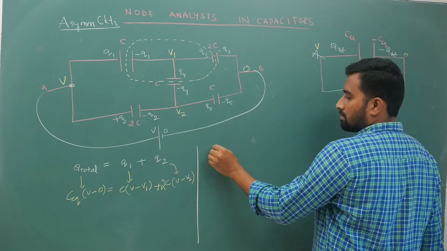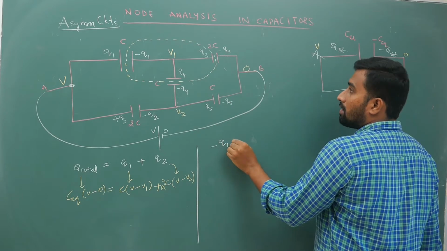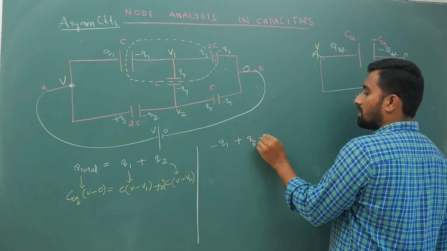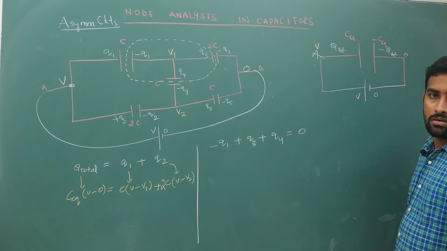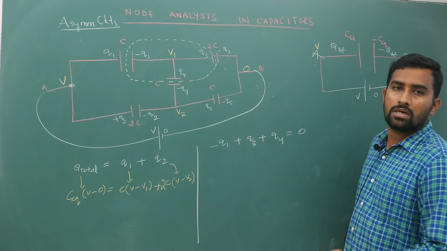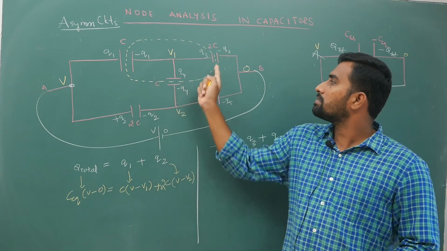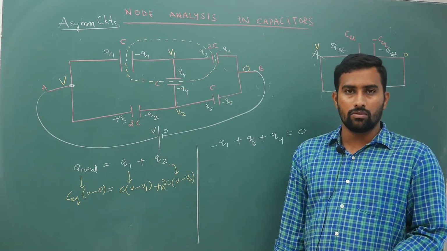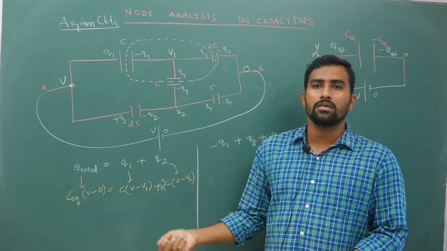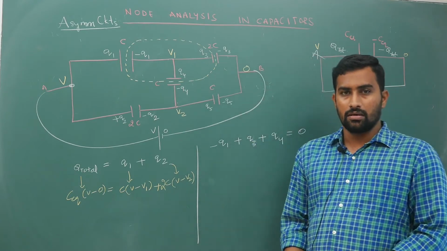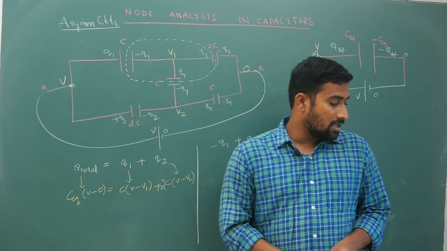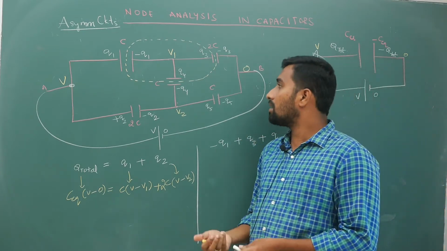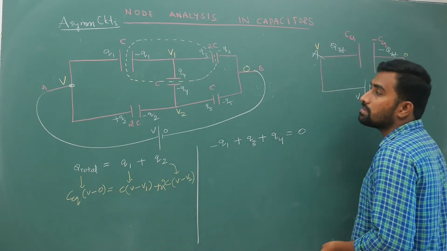Next one is minus Q1 plus Q3 plus Q4 is equal to 0. What is your total enclosed charge here? It is 0, very clearly I have told you, because there is no external wiring. If you take this yellow color box, the enclosed charge within it is supposed to be 0.